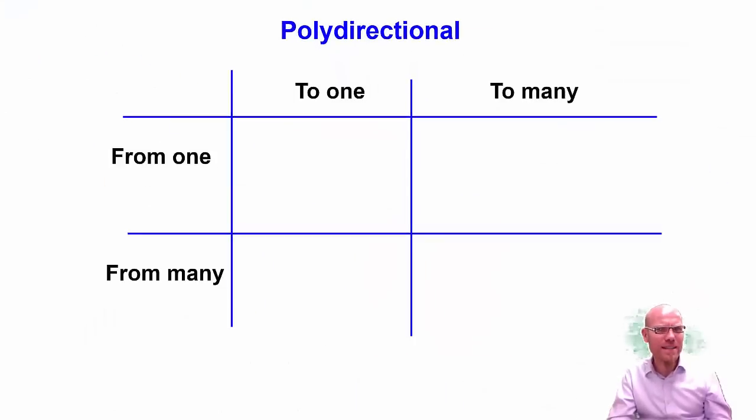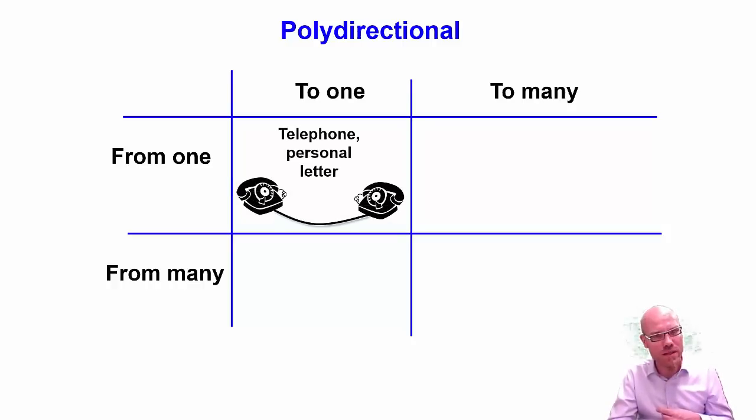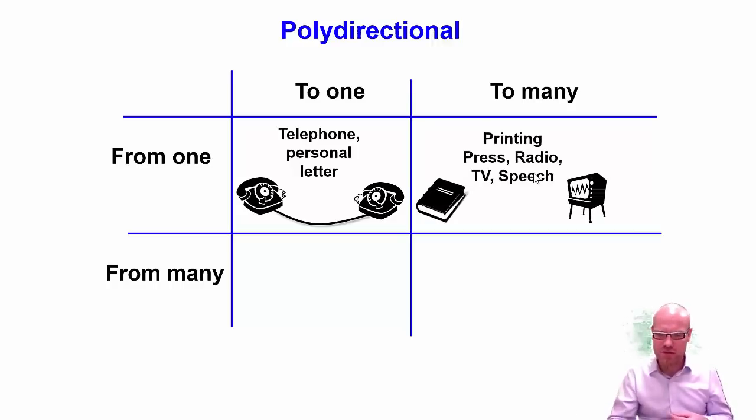It also affects the directionality of our communication patterns. Before the digital age, we had to decide if we want to opt for technology that facilitates one-to-one communication, for example, through a telephone or personal letter, or if we want to opt for technology that facilitates one-to-many communication, for example, a newspaper or the printing of a book or broadcasting, radio, television.